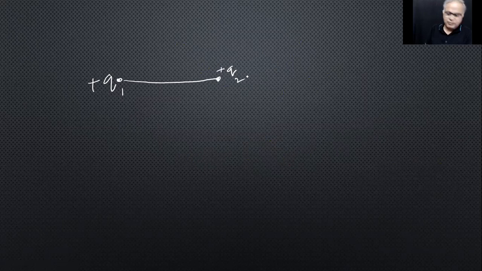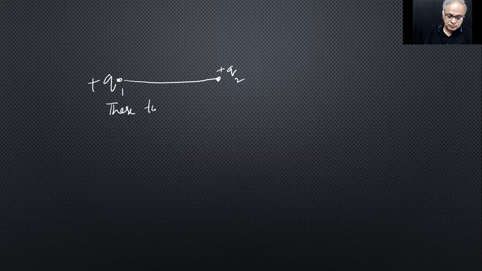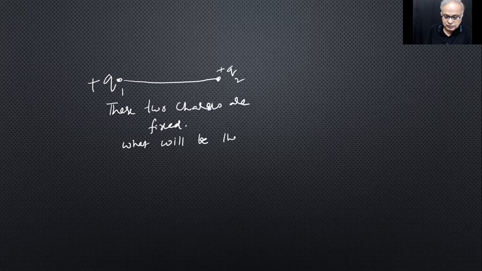For understanding, you can say these two charges are fixed. The question will be, what will be the U of it? U of it means the potential energy of this system.